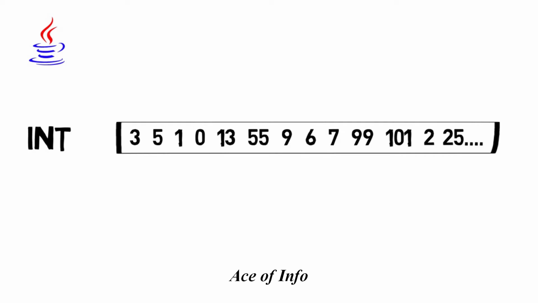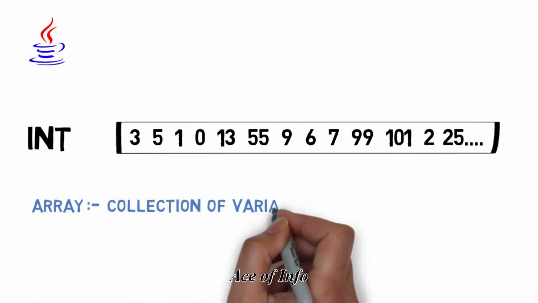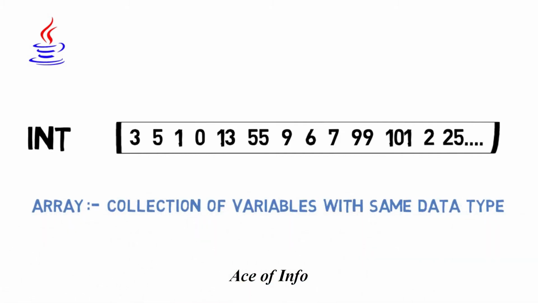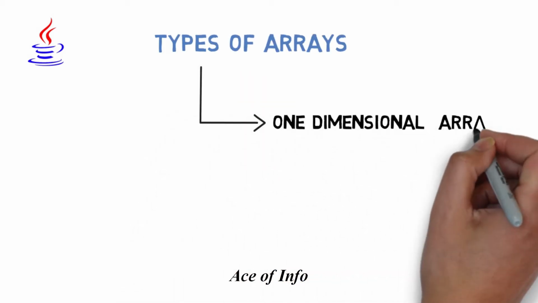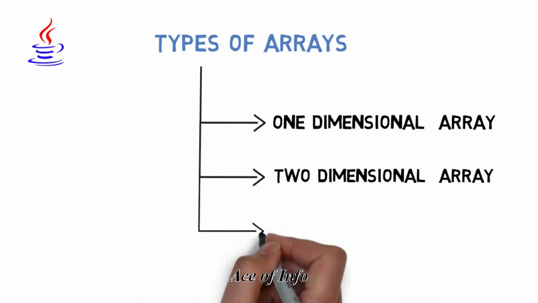This doesn't have to be always integers. This can be done with other data types too, but they must use the same data type. So an array is a collection of variables of the same type. There are three types of arrays: one-dimensional array, two-dimensional array, and jagged array.